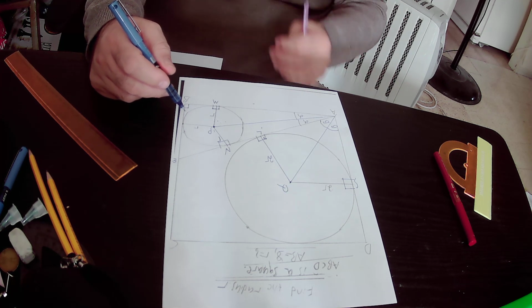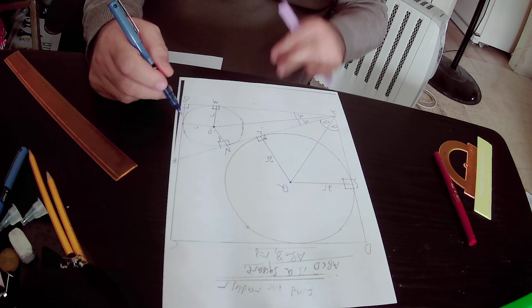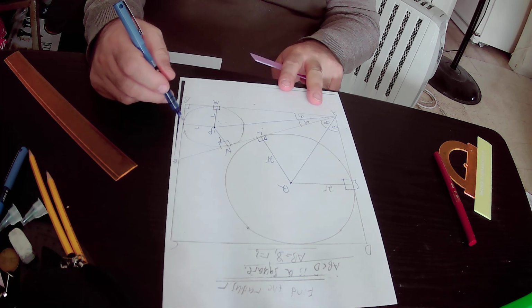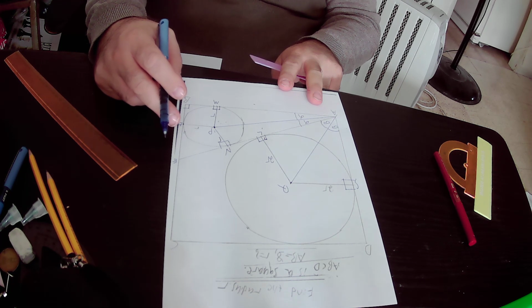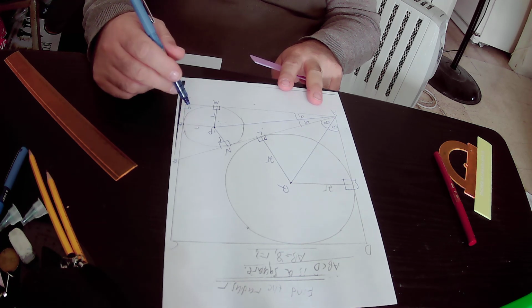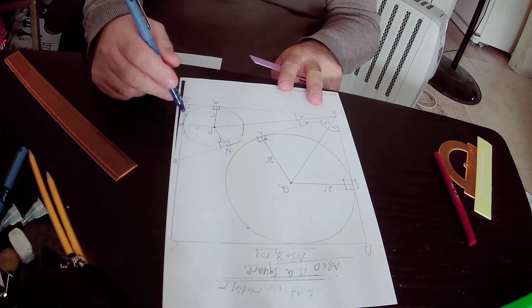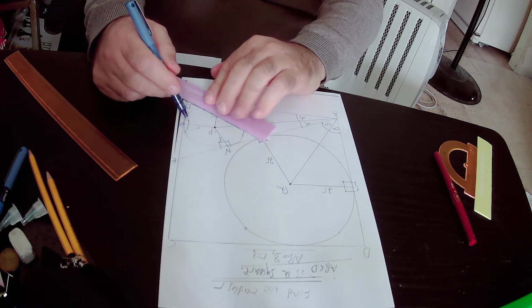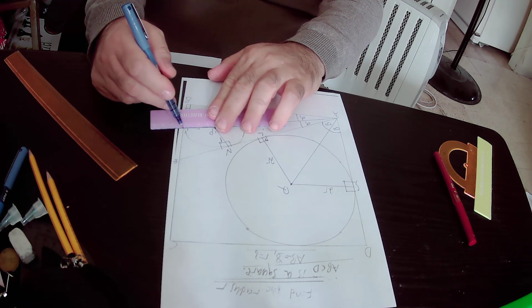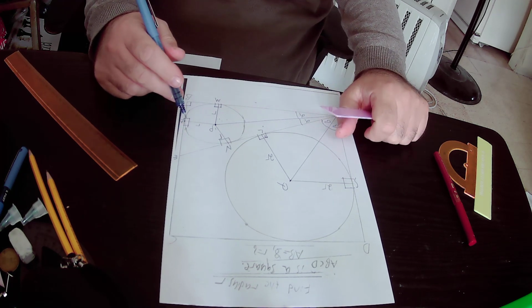According to rule number 1, if we define the touching point between the tangent CB and the small circle as point Z, then we know that the tangent BC, which is tangent to the small circle at point Z, will be perpendicular to this radius, according to rule number 1 that states that a tangent to a circle is perpendicular to the radius at the point of tangency.